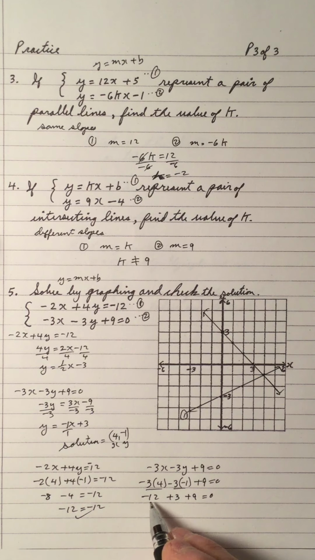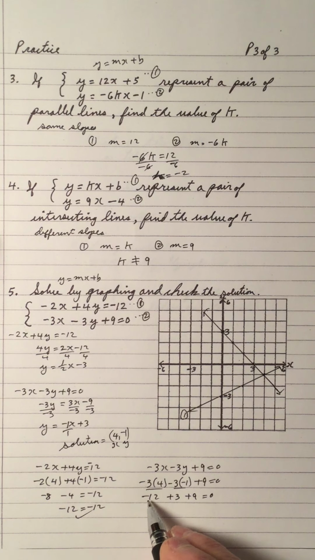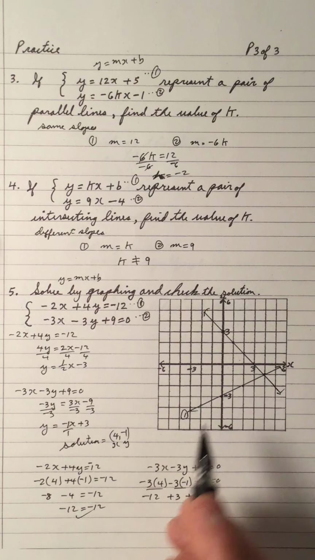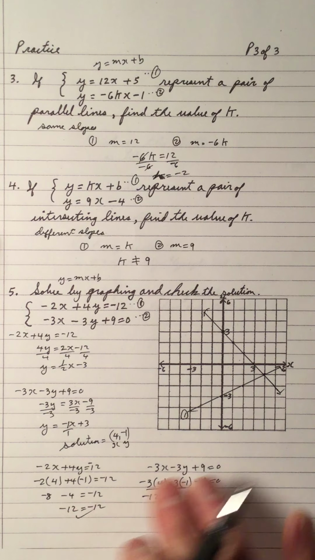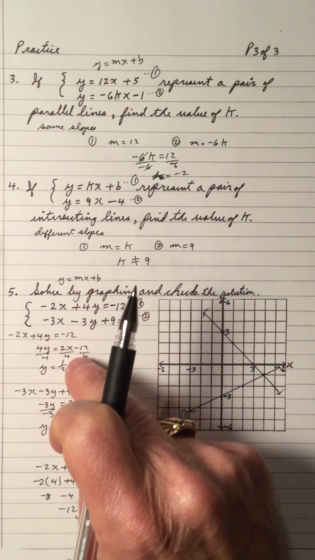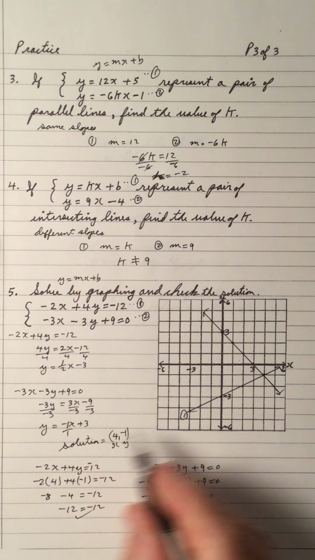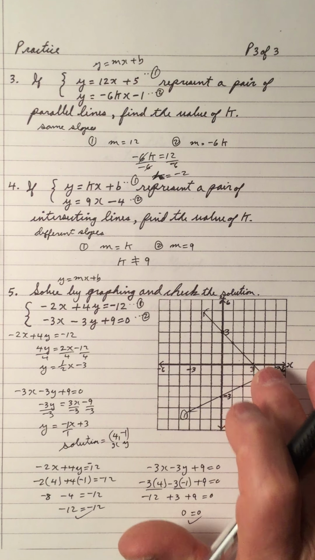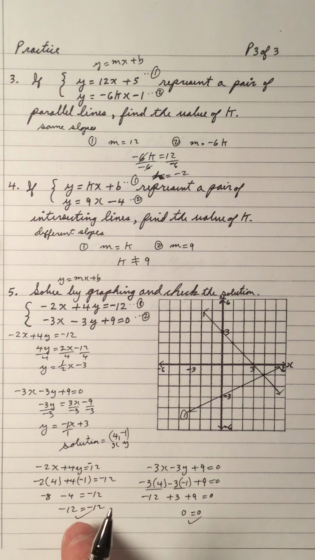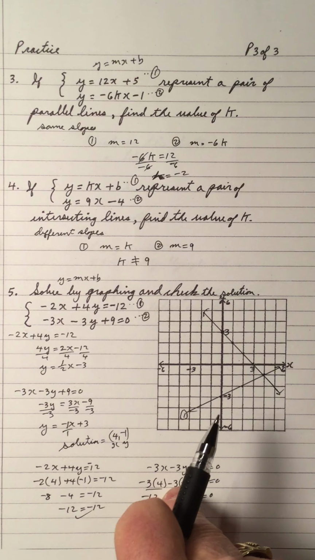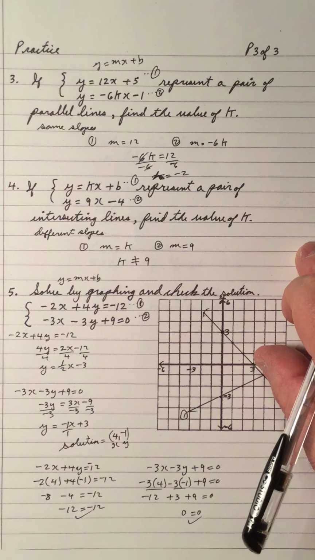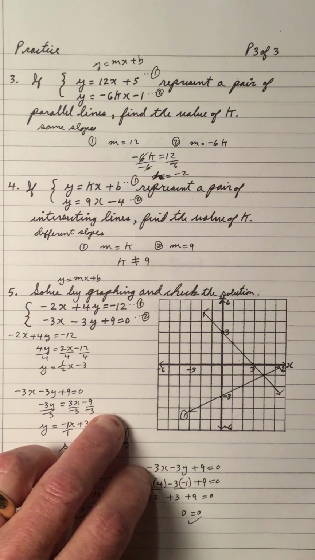So negative 12 plus 3 is negative 9, minus 9 is 0. So this solution is correct because it made both equations true. Remember, when you're graphing, you can solve the equations incorrectly and get an answer, but the answer might not be true. But I solved them, got the point, picked up the coordinates, substituted into both equations, and it made the equations true. So I know that that point is the solution to the system.